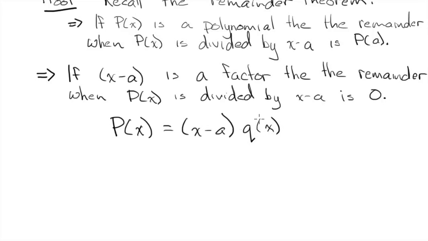If it was a quadratic, this would just be one other linear factor. If it's a cubic, it would be two linear factors, or a quadratic factor. But notice there's no remainder. If it's a factor, then there won't be a remainder. Well, if we put these two things together, the remainder must be 0.